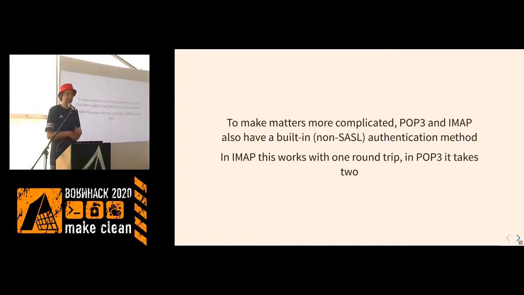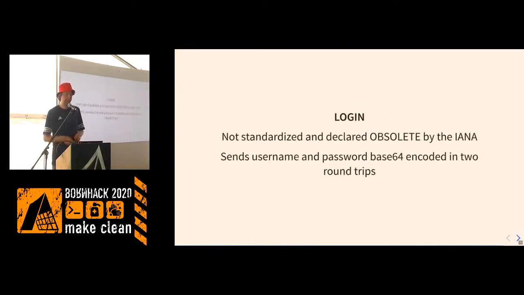To make it a bit more complicated, POP3 and IMAP both have their own built-in authentication method, which is not part of SASL. In IMAP, this works with 1 round trip. In POP3, it takes 2 round trips. This LOGIN mechanism, the one with the username and password in separate lines, is not standardized, and it's declared as obsolete in the SASL registry by the IANA.